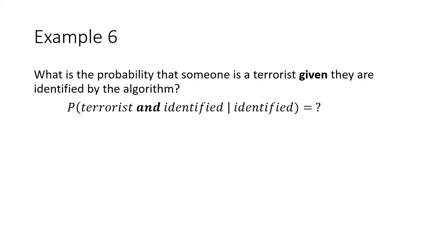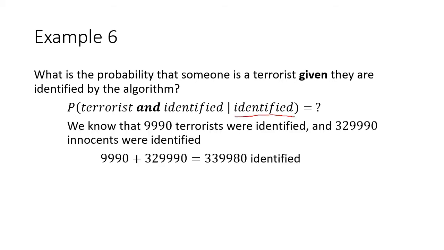So this leads us to the actual conditional probability. What is the probability that someone is a terrorist given that they have been identified by the algorithm? Well, we're going to go back to our normal probability rules, the event divided by the sample. Now my sample is just going to be the number of people who are identified, right? That is my given. If you are identified, that is now my sample space.